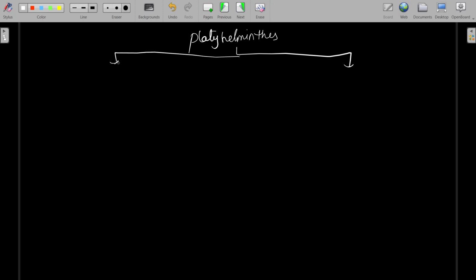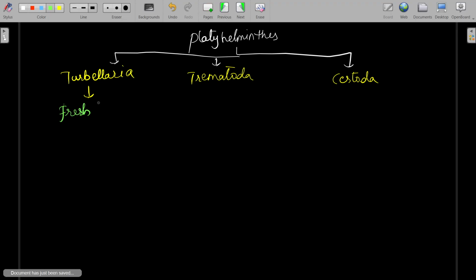They are, number 1, Turbellaria, Trematoda, and Cestoda. Coming to the Turbellaria, these are freshwater forms and can also live in marine waters. Trematoda are mostly endoparasites.